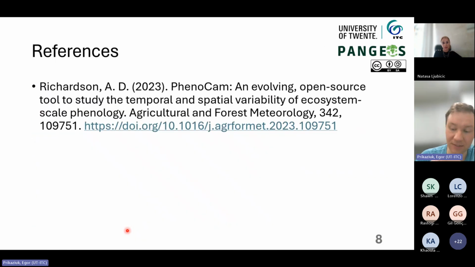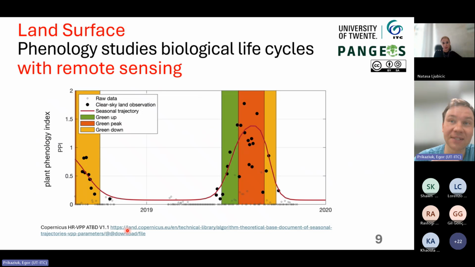However, if we start working with satellites, then we are talking about land surface phenology. This is phenology, but with remote sensing. We have images, some of them of good quality, like these black dots, and some of poor quality, like these small dots.